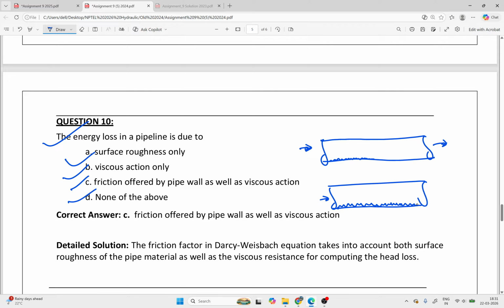I'm showing you in the zoomed view, remember please, roughness should never look like that. So whether the roughness is like that, it definitely depends. Again, the fluid viscosity is also responsible, whether oil is flowing within the pipe, or water, or any liquid or fluid, even air. So it depends on both.